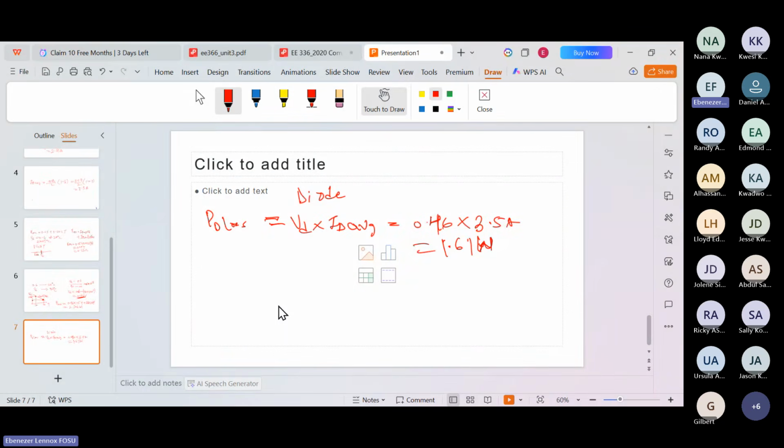The D part says, in the component data sheets, the following information is found. The MOSFET junction to case thermal resistance is 1 degree Celsius per watt. The diode junction to case thermal resistance is 2 degrees Celsius per watt. The heat sink to ambient thermal resistance is 0.45 degrees Celsius per watt.